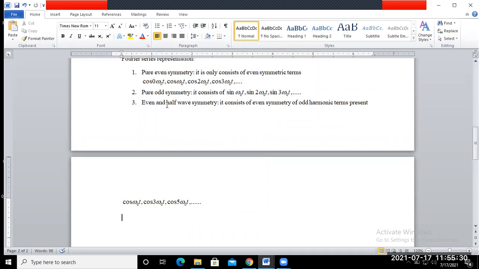If any signal follows both the odd and half wave symmetry, then the odd symmetry terms of odd harmonics are present. And what is the odd symmetry term? That means sine terms. So when it follows the odd and half wave symmetry, only the sine terms of odd harmonics are present.